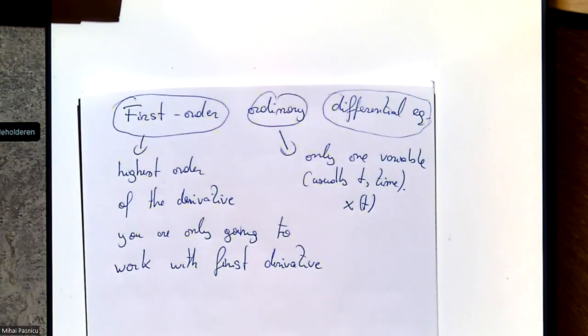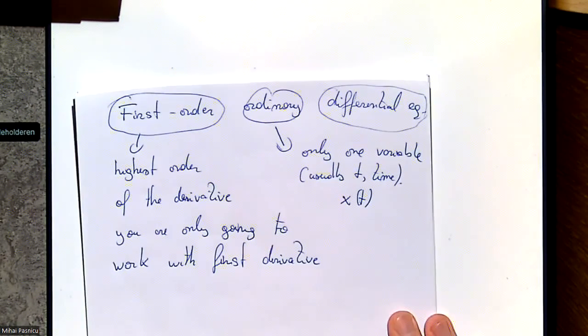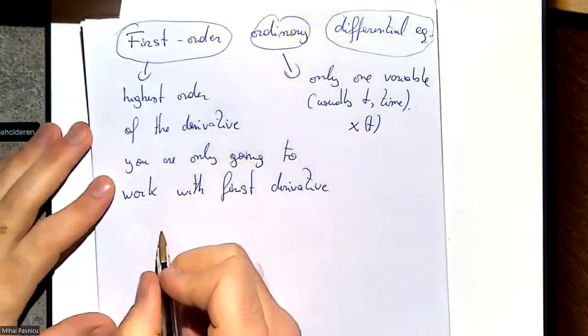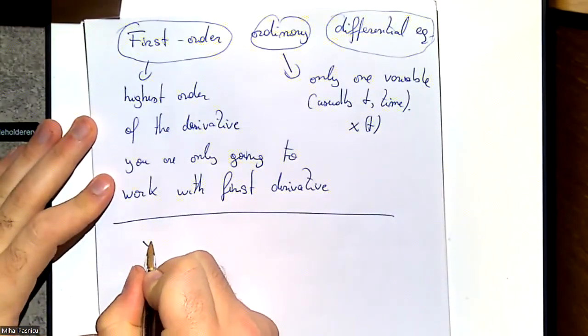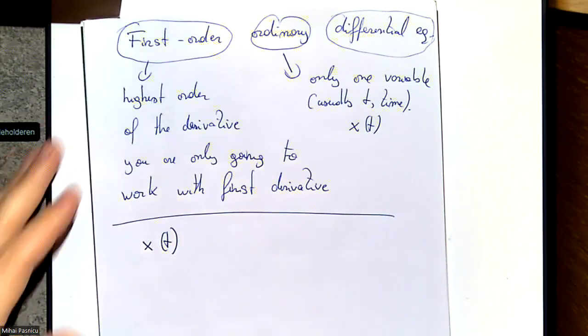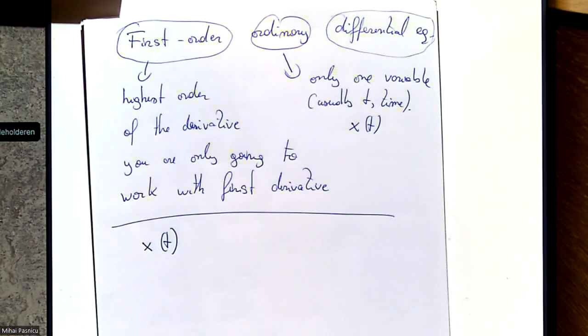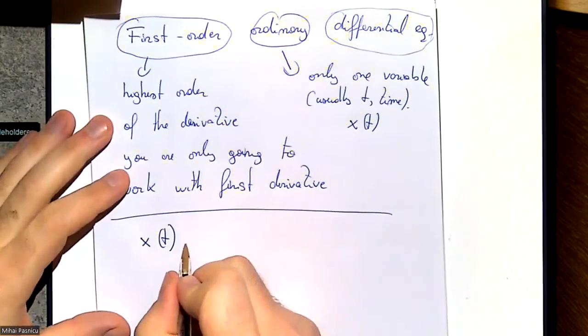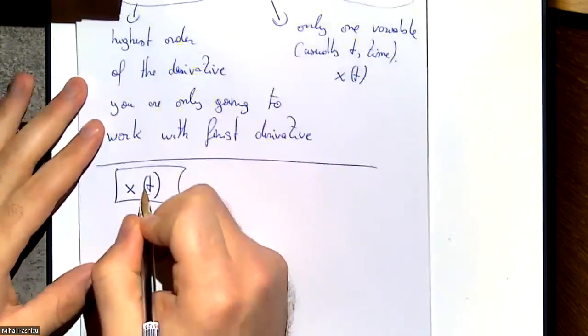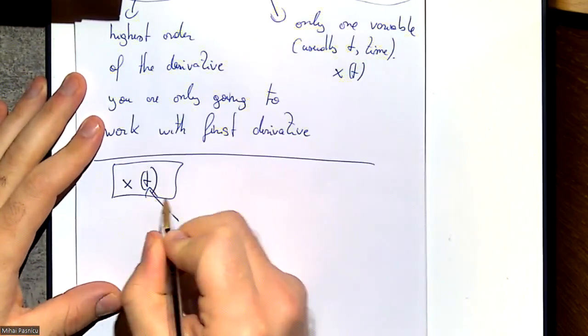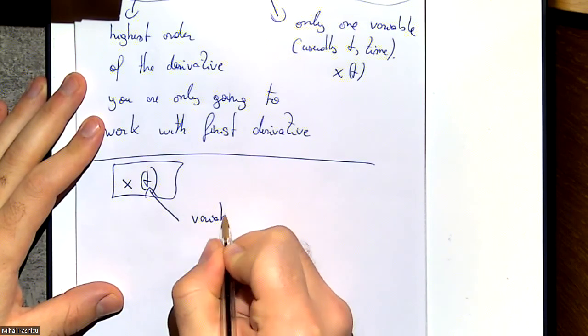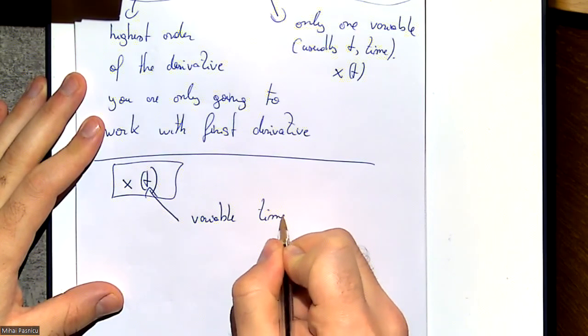Now that we have it set up, let's look at the terminology again. X of t, this is what you need to find out. By the end of your work, if you've solved it, in quotation marks, you need to give me a formula for this. Now, this t is your variable, again time, usually.